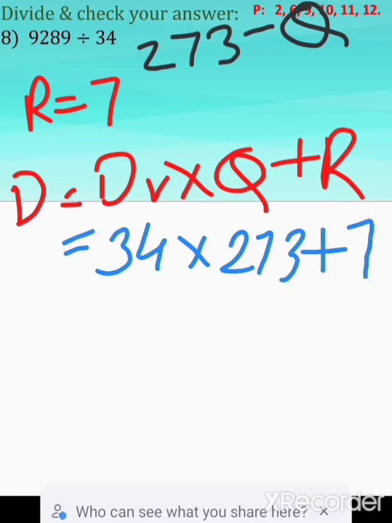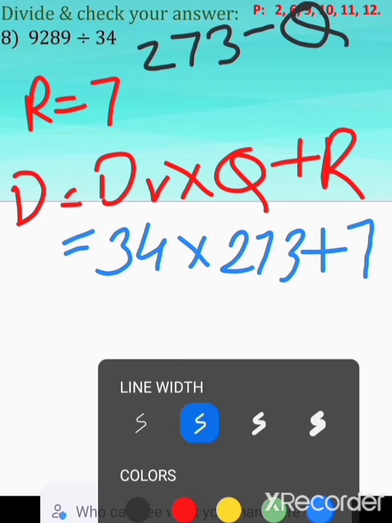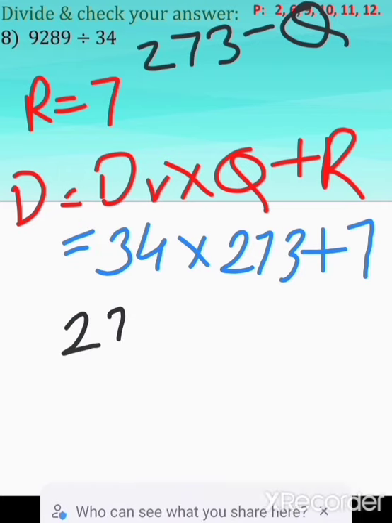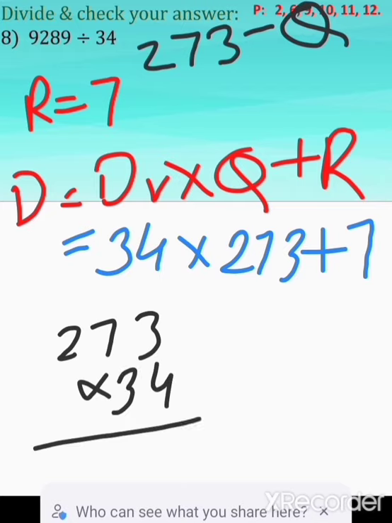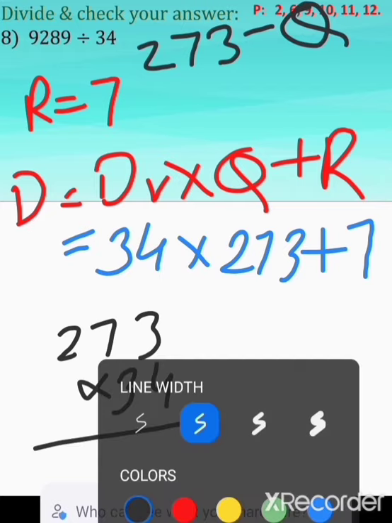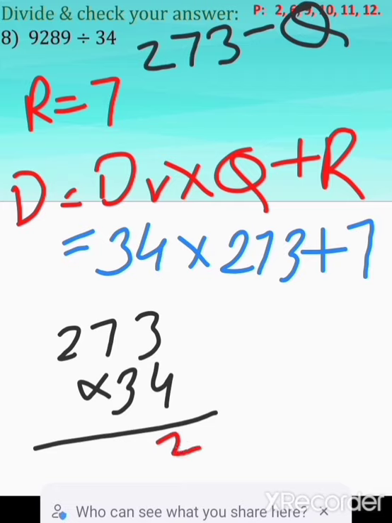So here I have to multiply 273 by 34. So I have to go for 2 steps. No other option is there. Let's do the multiplication. 273 by 34. 4 3s are 12, 1 carry. 4 7s are 28 plus 1, 29. 2 carry. 4 2s are 8 plus 2, 10, 1092.